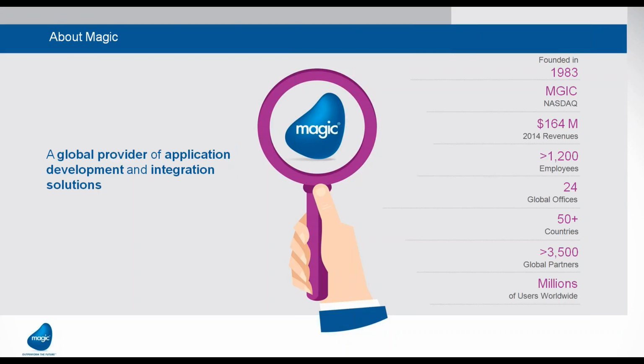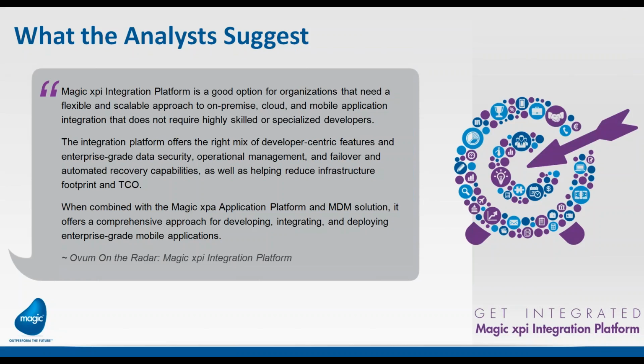We have some 24 offices serving 50 countries, some 3,500 global business partners, millions of users worldwide. We get good feedback from the analysts. Ovum most recently gave us a nice report talking about our capabilities for integration and mobility. So this is all good stuff.